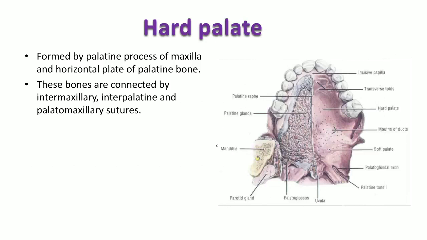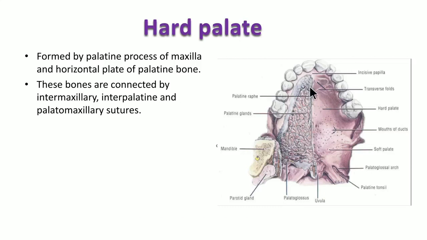Now if you look at the mucoperiosteum, because it is covered by the mucous membrane as I told you, deep to the mucous membrane you come across the mucous glands in the hard palate, especially on the posterior surface. These palatine glands on the posterior part of the hard palate are much concentrated.